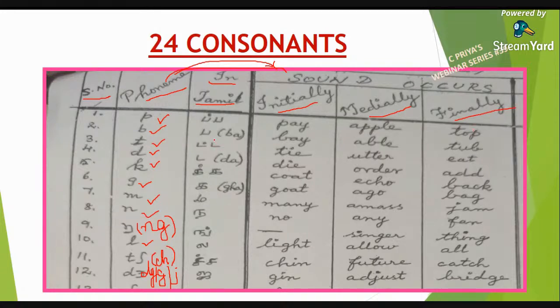Let's go to the first example, P. Initially, in the beginning of a word, P occurs. Second, medially, in the middle, P exists in the middle of a word, apple. And top: P occurs initially, medially, and finally in each word.